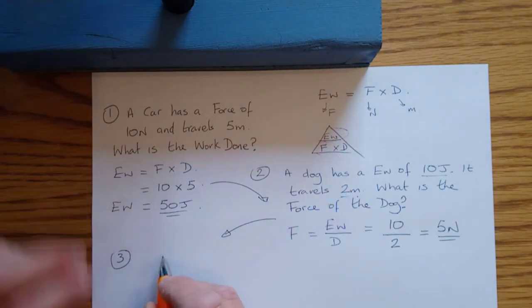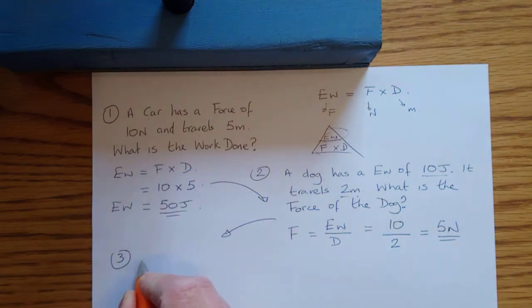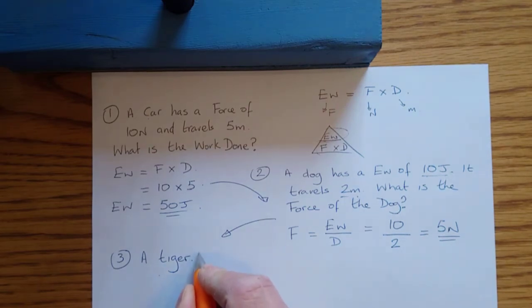This time we're looking at a distance, so we've got a car, a dog, a tiger. Rawr. A tiger exerts, which I didn't put, force of, well, I will say 20 newtons, will go crazy.